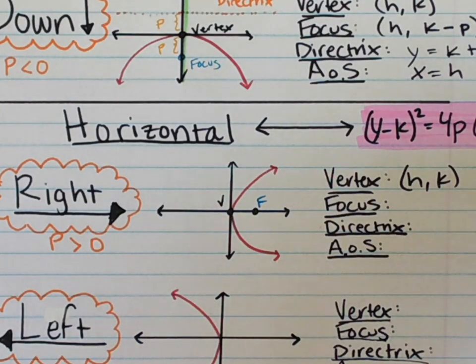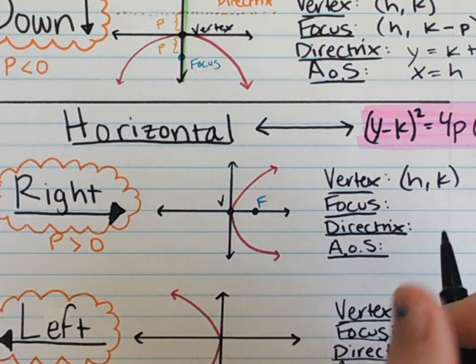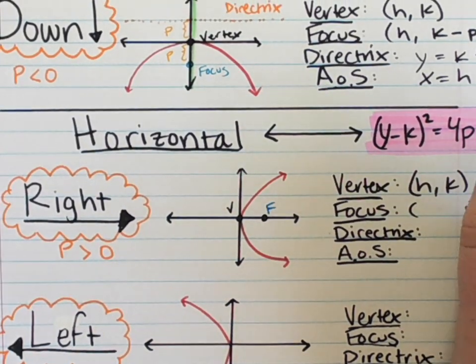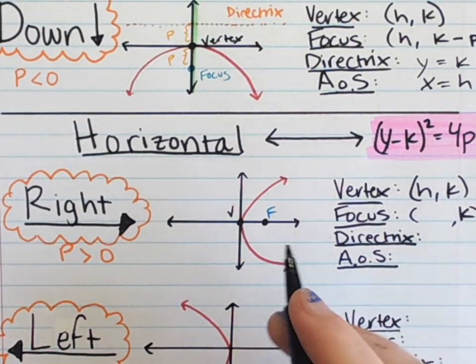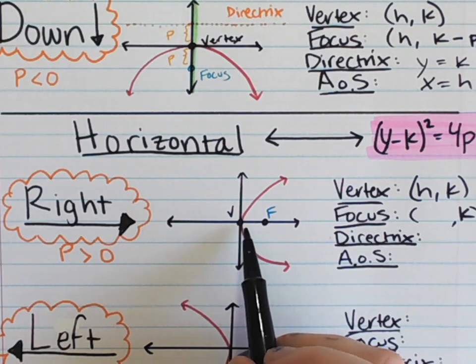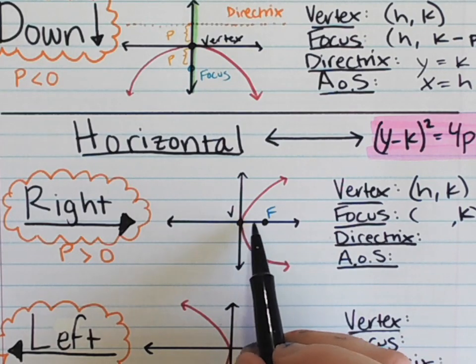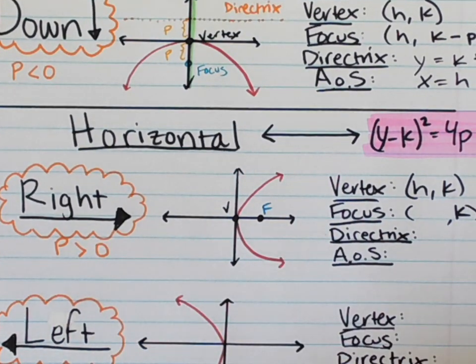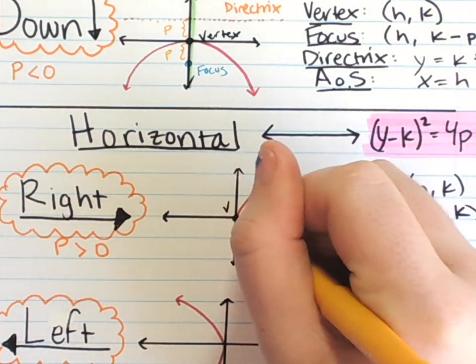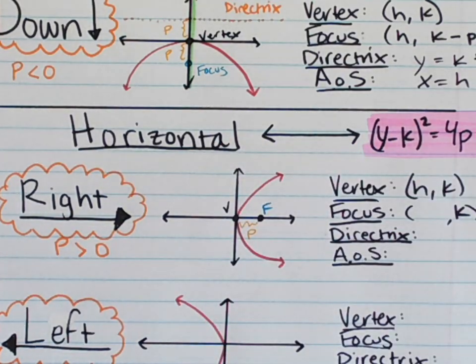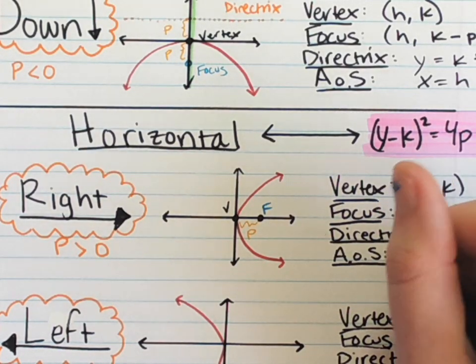The y value did not change. From here to here, the y value is still k. But the h, or the x value, moved to the right a total of p units. So that's going to be h plus p.